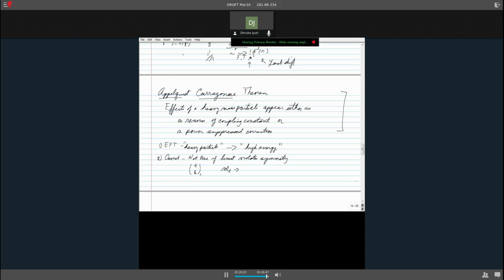So we've seen these. There's two caveats, two things I want to say about that. One thing to say is that in effective field theory, this is not just a heavy mass particle. What Appelquist Carazzone say is heavy mass means all high energy stuff.